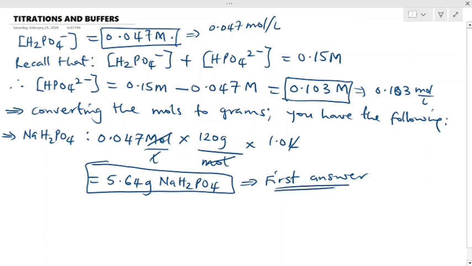So to get the second answer, which is next, you simply do the same procedure.